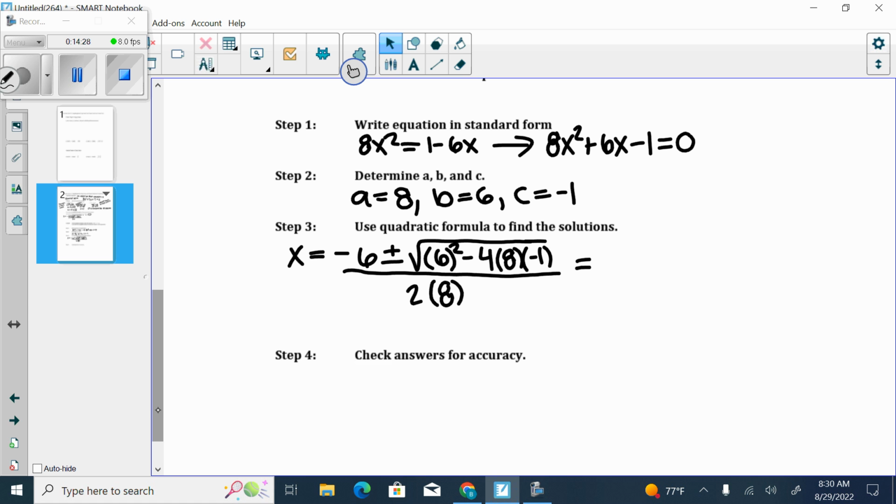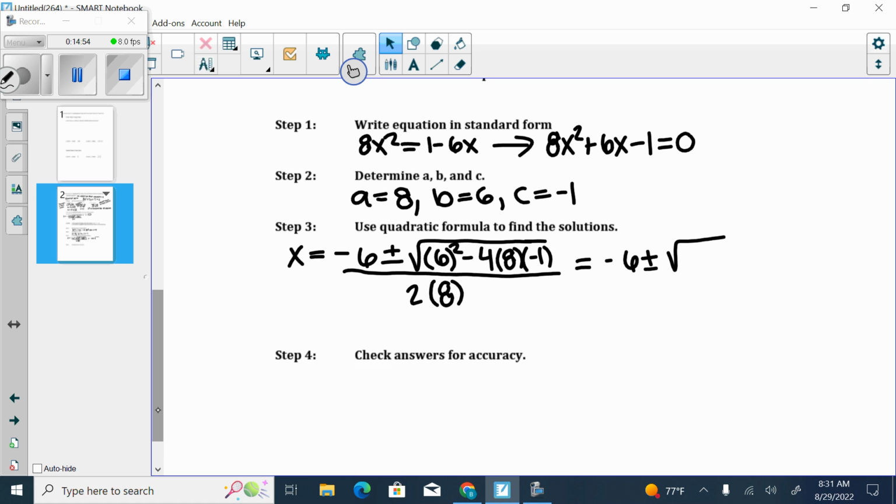All right, so we are just going to simplify what's underneath the square root first. So I'm going to copy over my negative 6 plus or minus. Underneath this radical, we're going to use order of operations, right? What is 6 squared? 36, right? So this is 36, but before I subtract, I'm going to multiply these three terms together, right?